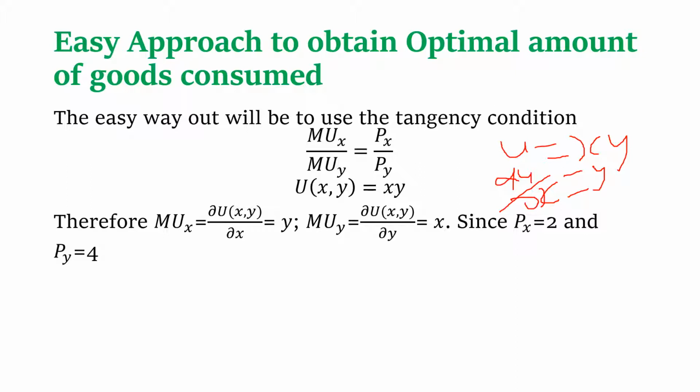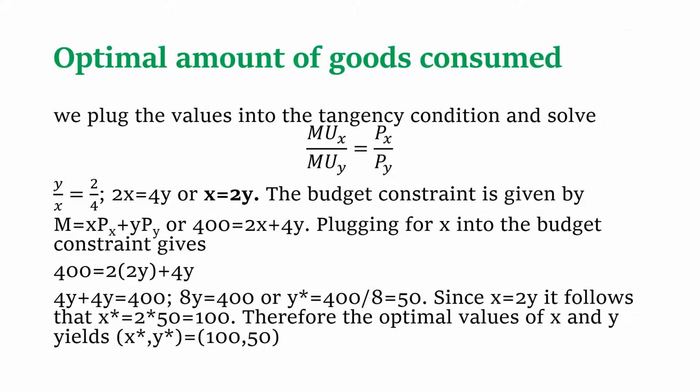Okay. So since Px equals 2 and Py equals 4, if we plug those in, we have y over x equals 2 over 4, which implies 2x equals 4y, or x equals 2y.